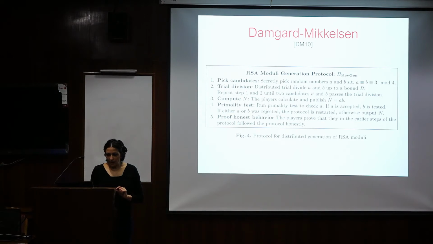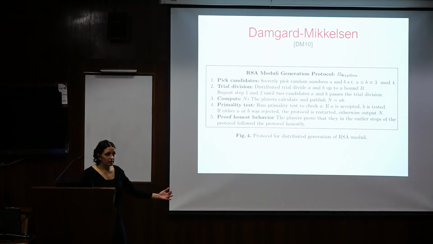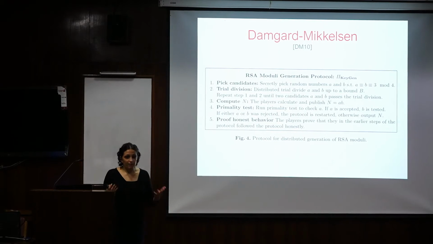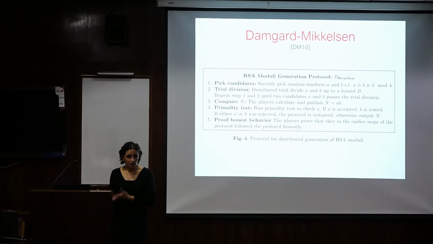And following their very influential work, there have been quite many papers improving on it. There are several aspects you can think of improving in their paper. For instance, they had passive security in the honest majority setting.